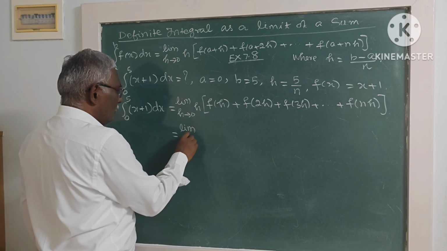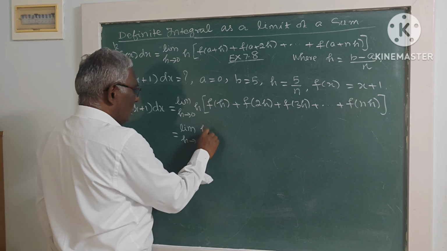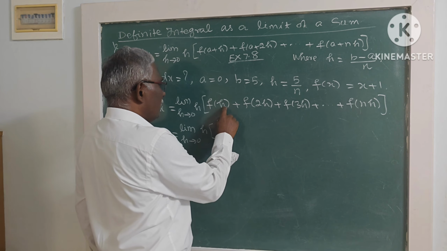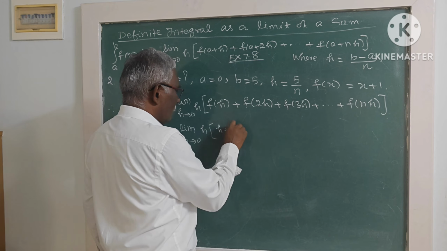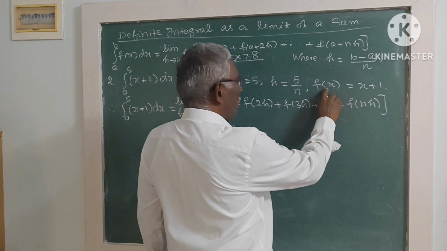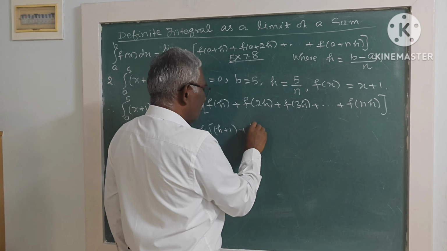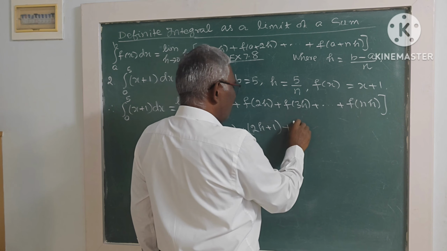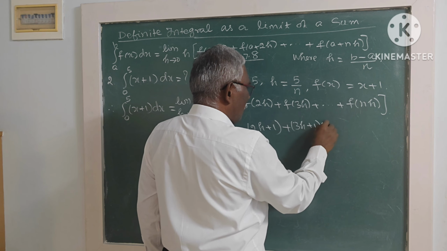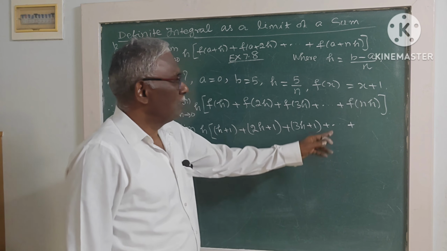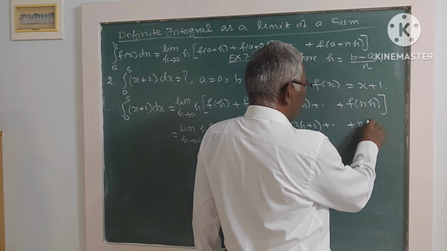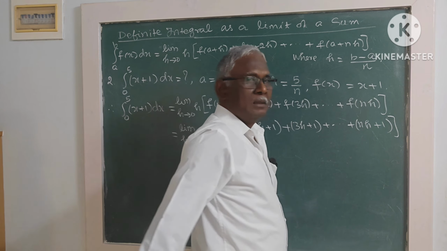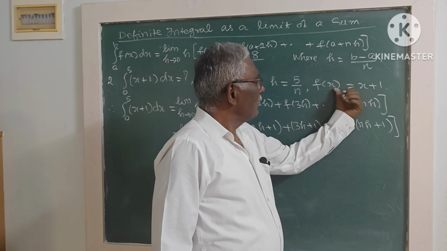So this is equal to limit h tends to 0, h into, f of x is x plus 1. What is f of h? It is h plus 1, plus f of 2h is 2h plus 1, f of 3h is 3h plus 1, plus etc. f of nh is nh plus 1. F of x is x plus 1, so whatever comes inside the bracket, plus 1.